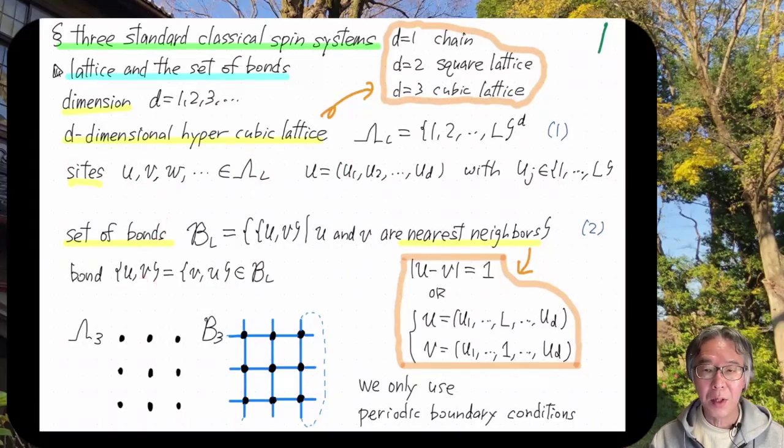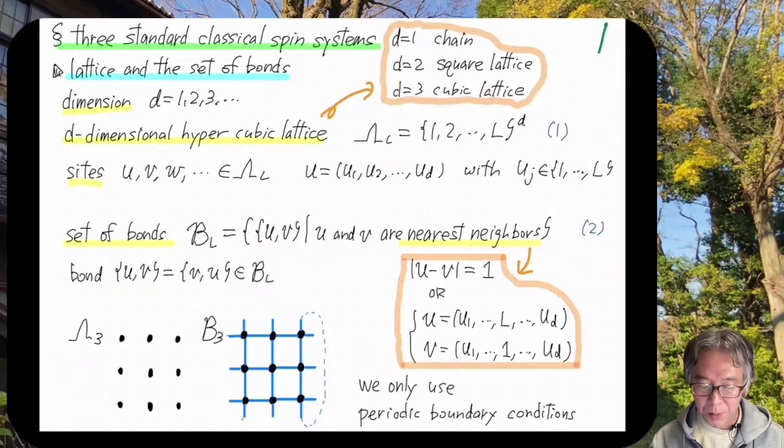Actually, in the final part I will consider ordered bonds, but in most places I just consider unordered bonds. So I use this notation as a set: {u, v} and {v, u} are the same thing. This is the set of pairs of sites, and I also require that u and v are nearest neighbors.